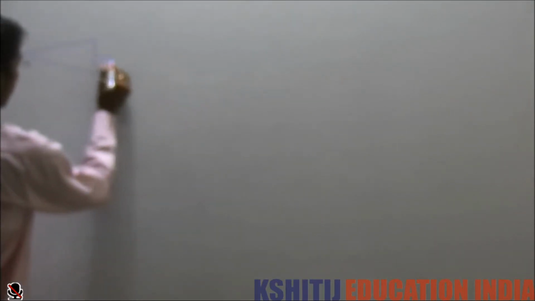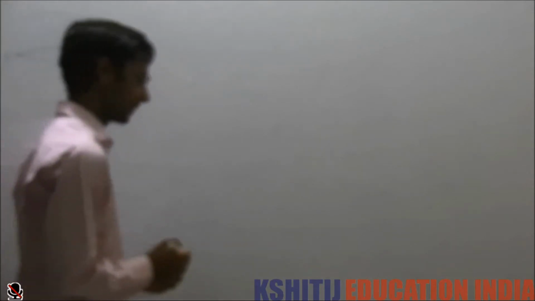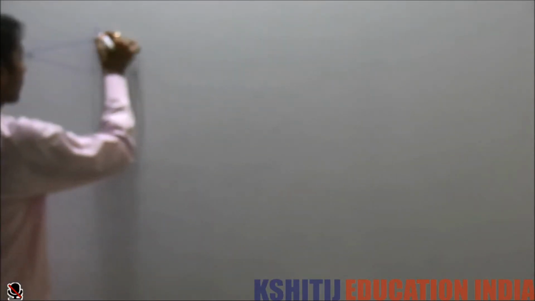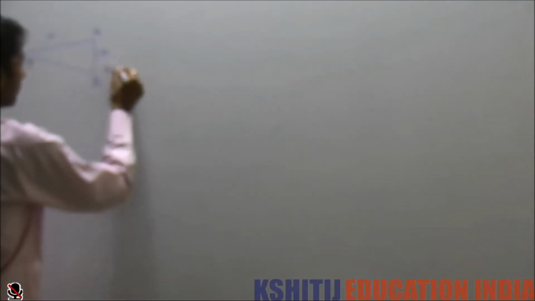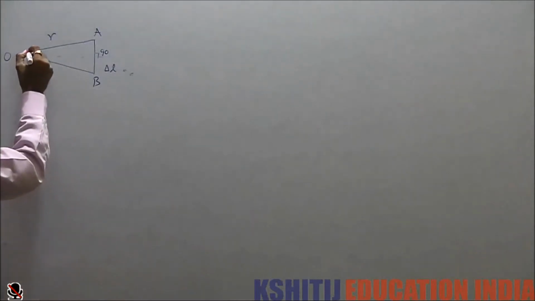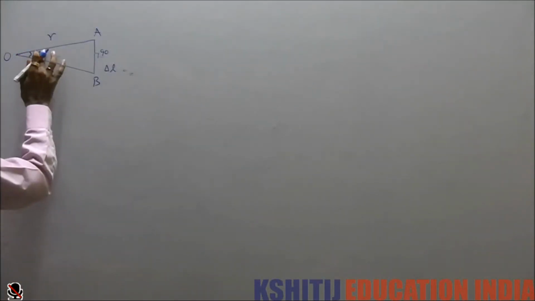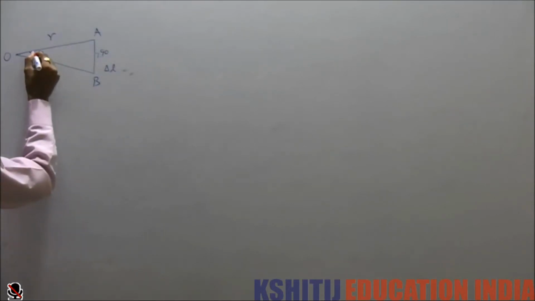This is point O, and the line coming from this point O is making 90 degrees with this line AB. This is length R, and let's say this AB is delta L. So if this kind of scenario is there, we measure this angle theta, or let's call it delta theta.